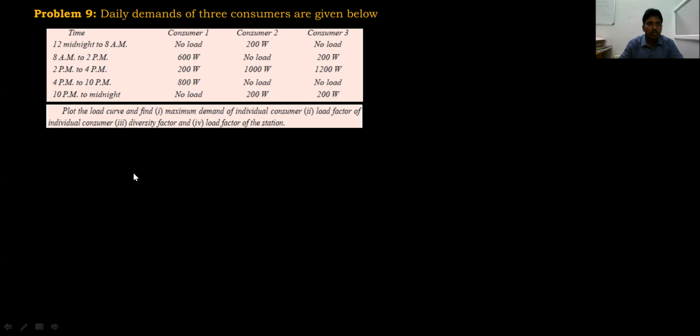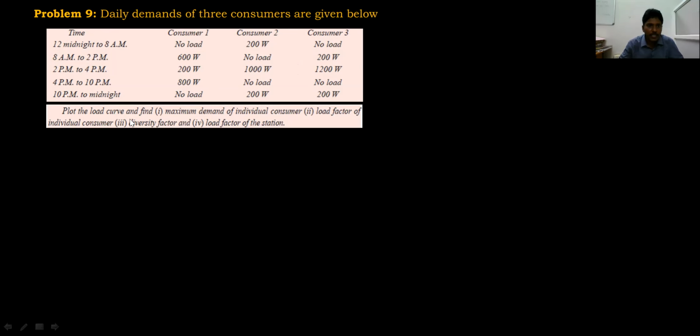The second question is the load factor of individual consumers. Load factor is equal to number of units consumed divided by maximum demand into time. Time is 8760 hours for a year; if it is given as one day, it is equal to 24 hours. The maximum demand of consumer 1 is 800.